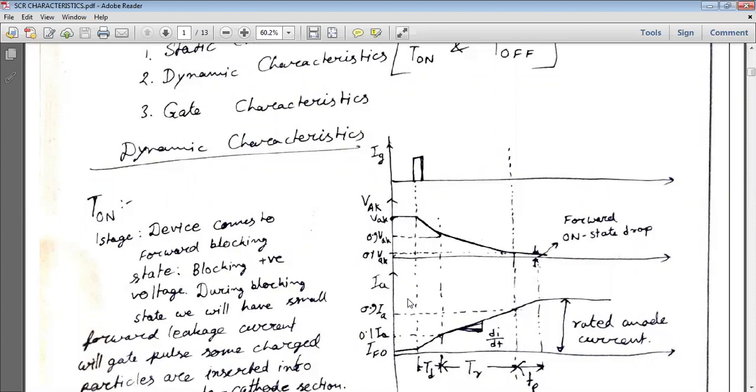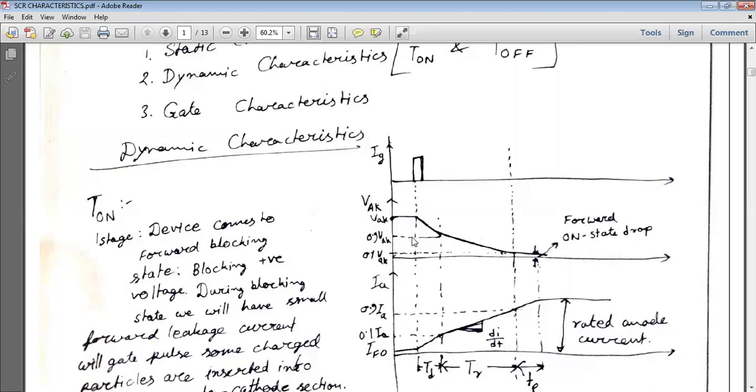Now this is the anode to cathode voltage VAK, and this is the anode current, and this is the forward current IFO.